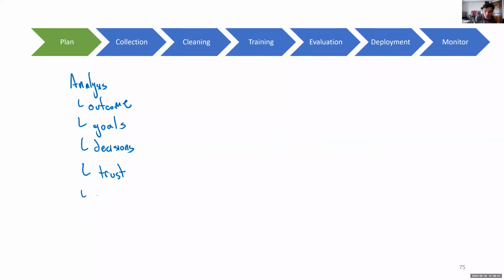So the question that you are trying to answer is very important, as well as the level of data literacy, how people interpret the model, right? So these are a couple key questions. Are you looking for a yes, no response? This type of question will influence the type of algorithm that you choose. Are you looking for a win or lose, a sale made or not?